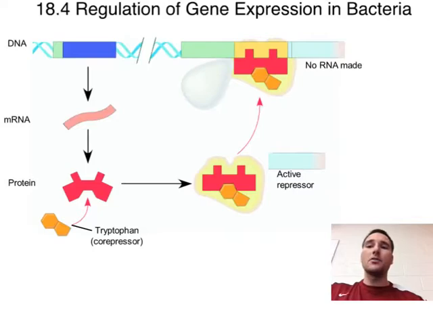As tryptophan levels get lower, if you remember back to the unit where we learned about enzymes, enzymes are always changing shape, going from the active to the inactive form. So this repressor would actually be going from active to inactive to active to inactive. And this tryptophan molecule, if it lands in there when it's in the active state, it'll hold it there so that it can do its job.